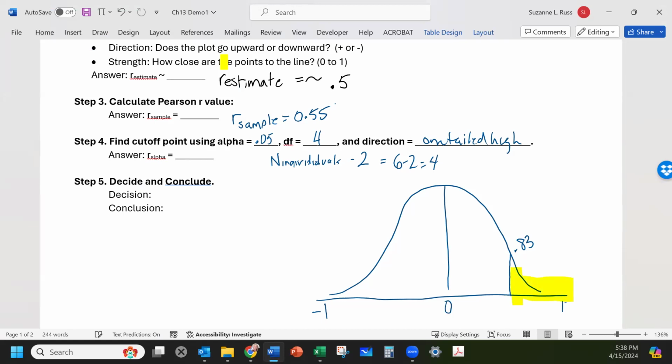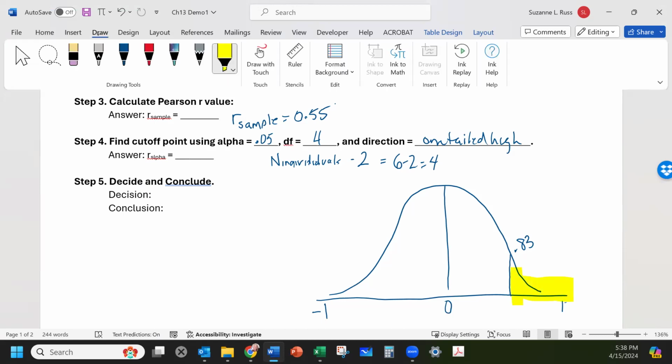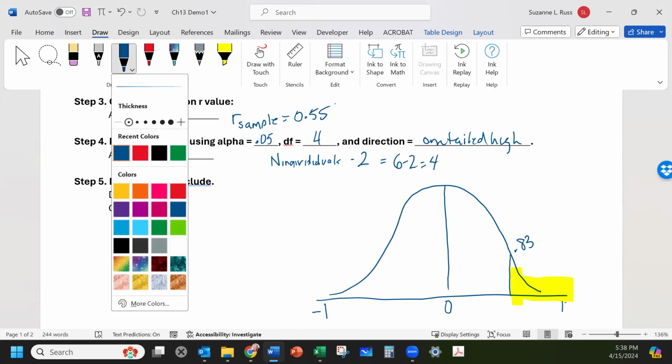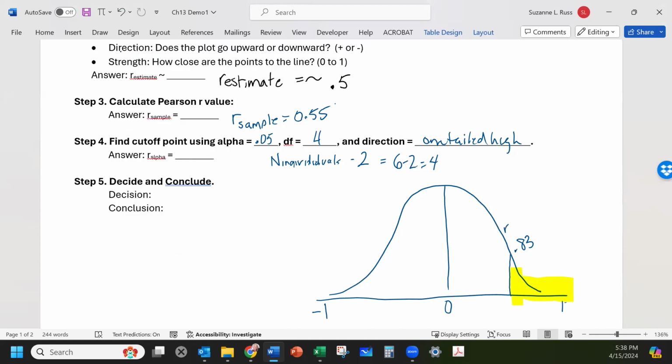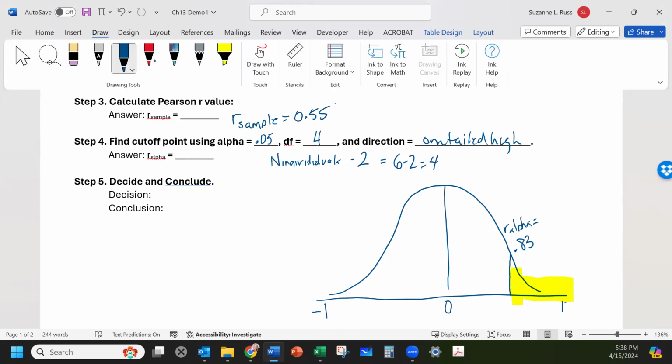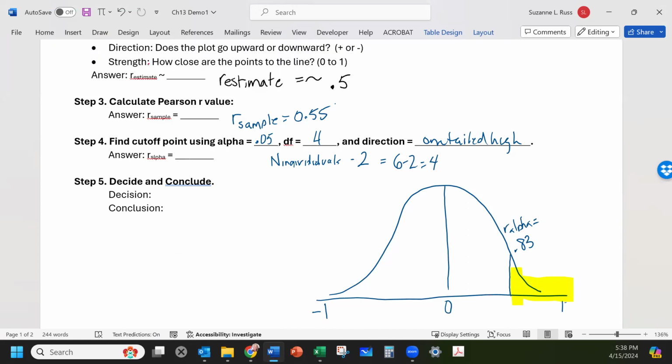our score properly. And then we can plot in our sample score, which was 0.55. Let me clear up what I'm writing here. R alpha is 0.83, and we'll mark our sample in red, which was 0.55. So let's put that right here.